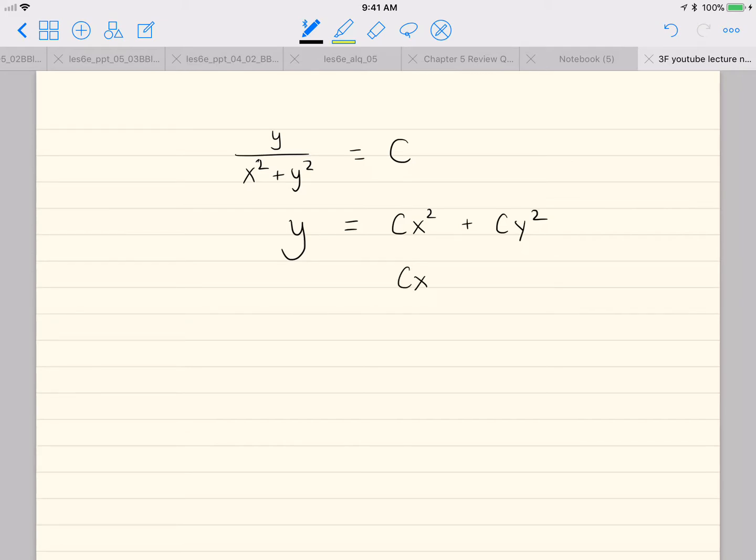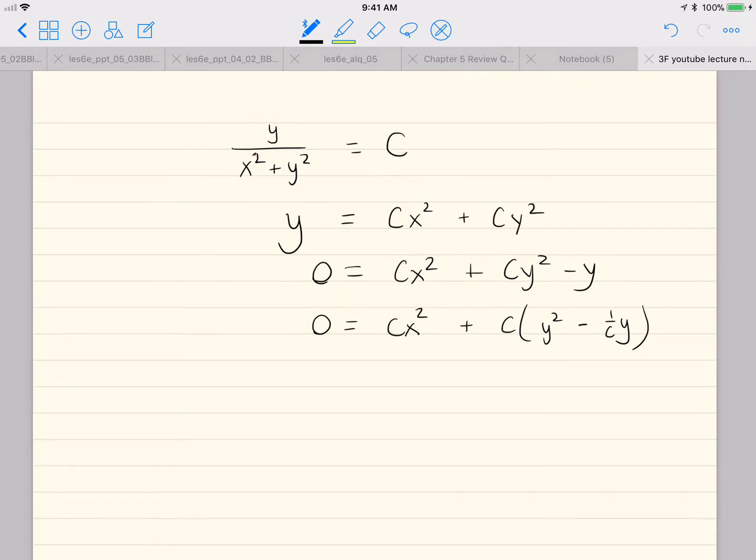Subtract y, so we'll have cx squared plus cy squared minus y equals 0. Now we can complete the square. So pull out the c, we'll have y squared minus 1 over c y plus cx squared equals 0.